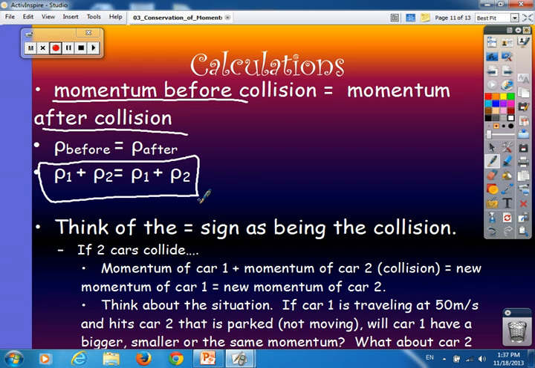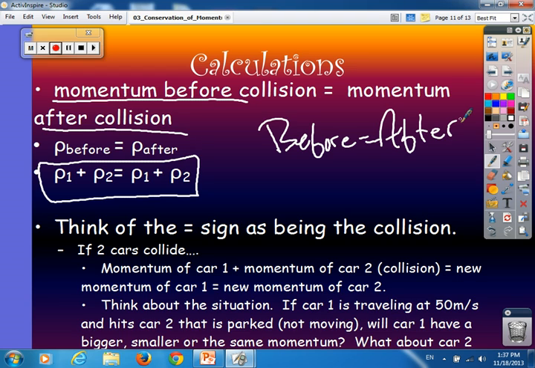Think of the equal sign as being the collision. We're simply trying to figure out an end velocity, or an end mass, or something of that nature. But the key thing is before equals after.